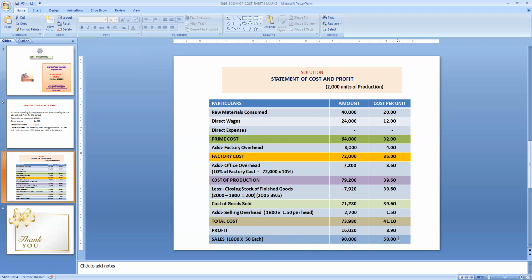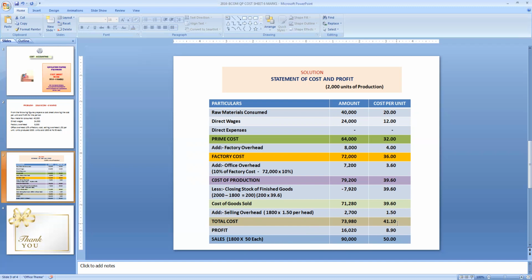So per unit is 50. Then the difference of sales minus total cost will be the profit value. 90,000 minus 73,980, the value is 16,020 rupees, which is the profit. In terms of per unit also, 50 rupees minus 41 rupees 10 paisa is nothing but 8 rupees 90 paisa.